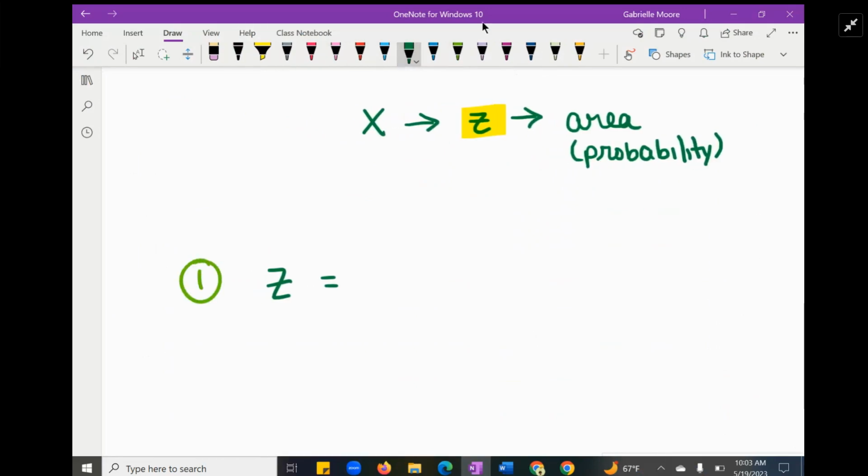So we're going to literally take the X value that they give us and convert it into a Z score. All right, so again, this formula should look familiar. We take the value that we are given that's part of the population, or could be a part of the population, and subtract the average from that and divide that difference by the standard deviation.